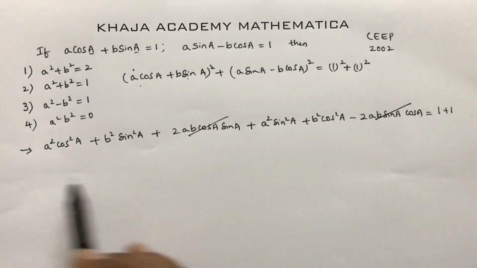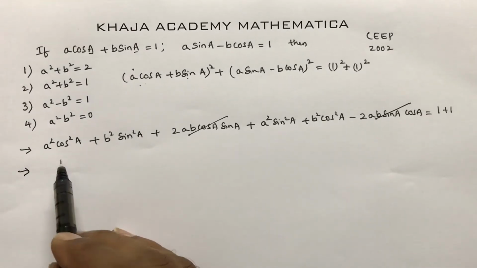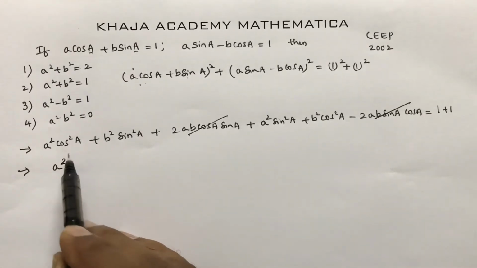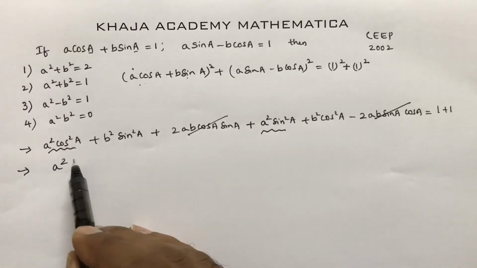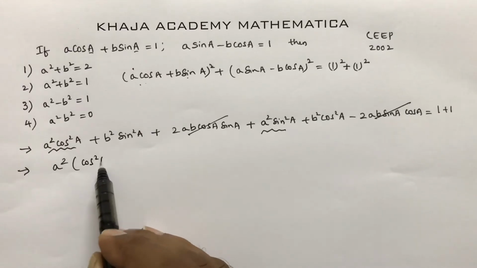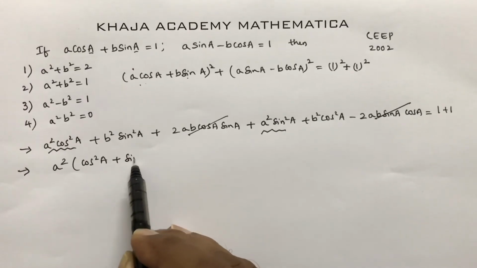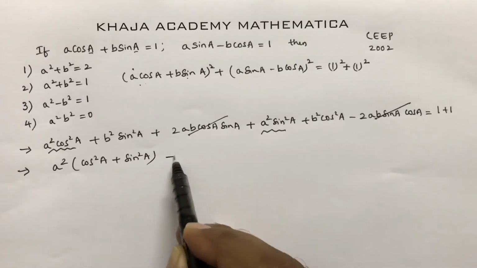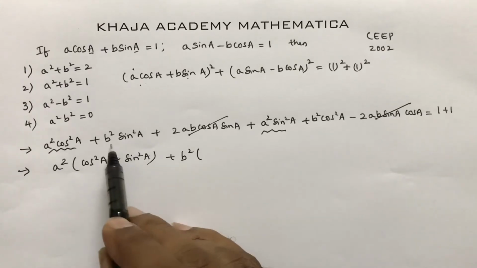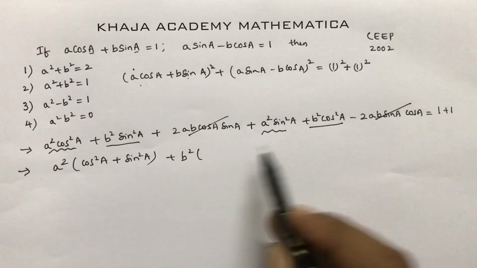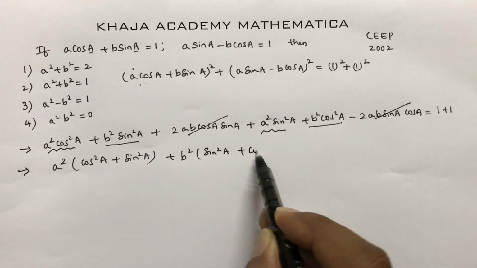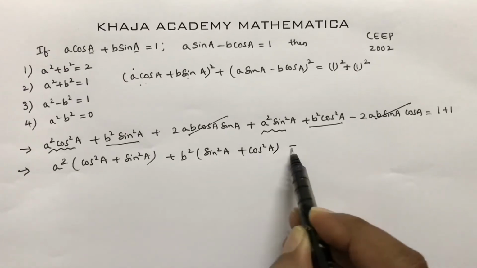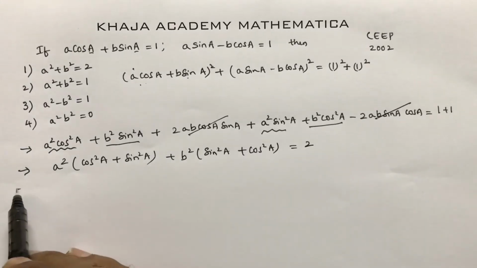Now in the remaining terms, if we take a square common, you'll be left with cos square a plus sin square a. Now if we take b square common, I'll be left with sin square a plus cos square a, equals 1 plus 1 is 2.